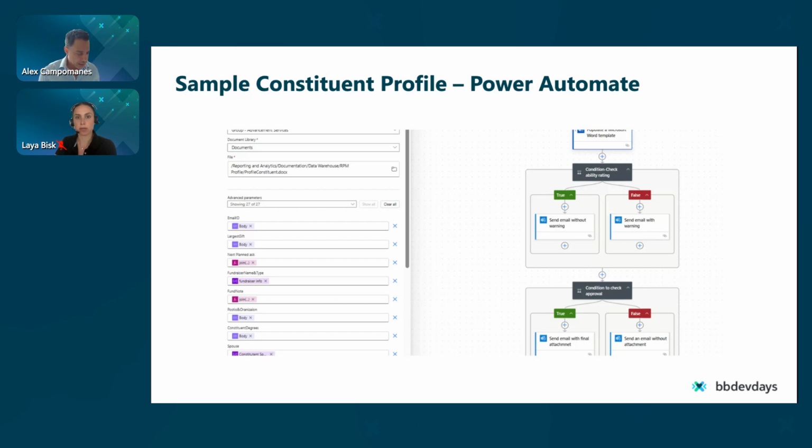You have the ability now to take an object and load in the Word template. And as soon as you do that, where it says advanced parameters showing 27 of 27, Power Automate will take the document and look within it to see how many placeholders are there. And then underneath are all of the placeholders.